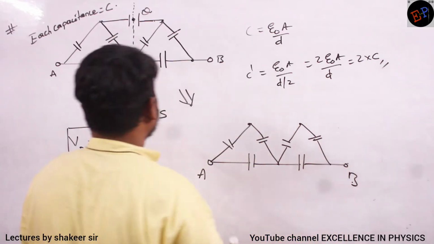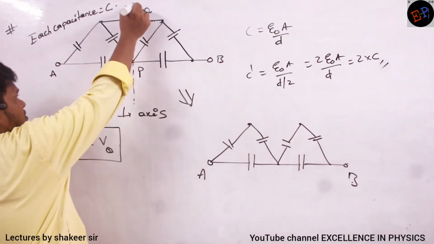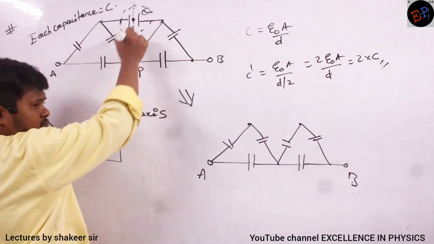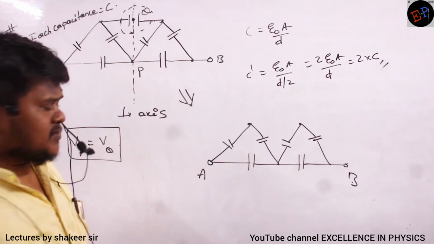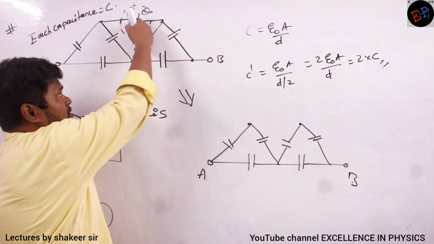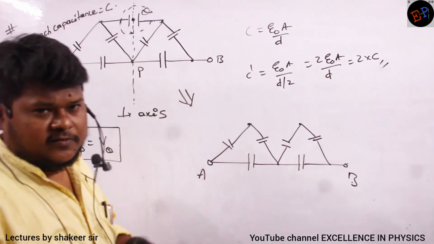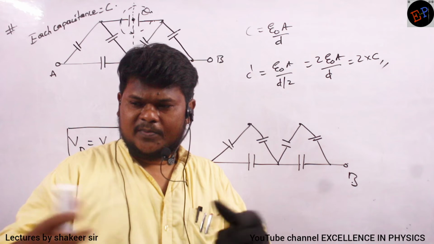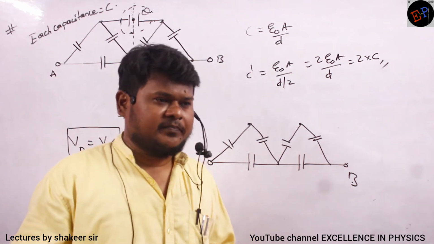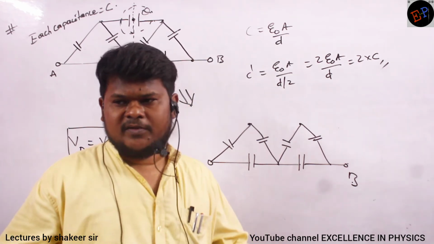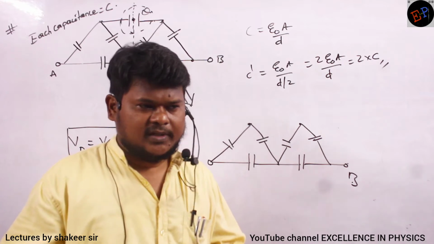Now this capacitor which I have taken, I will split into two capacitors and I will join the equipotential points. If I join or separate equipotential points, nothing will happen, because current never flows between equipotential points. Are you able to understand?